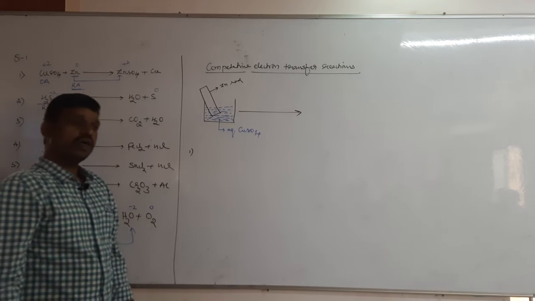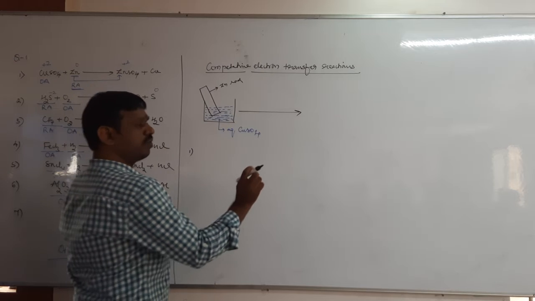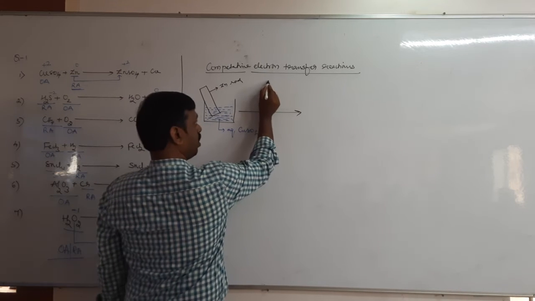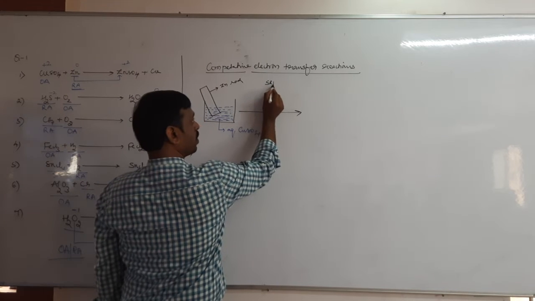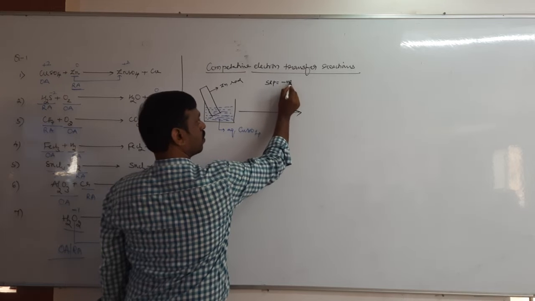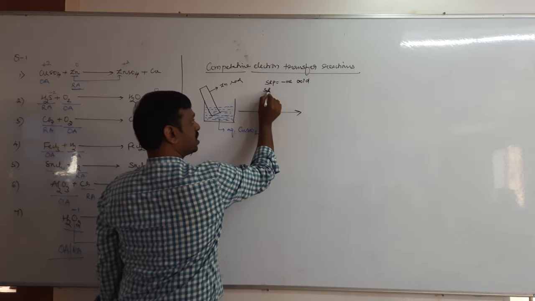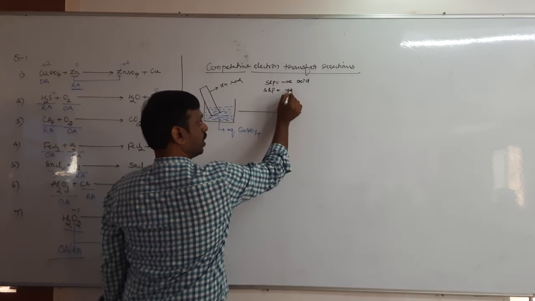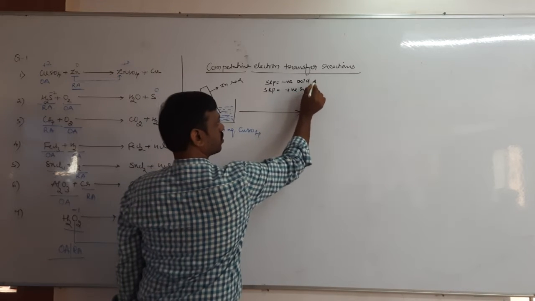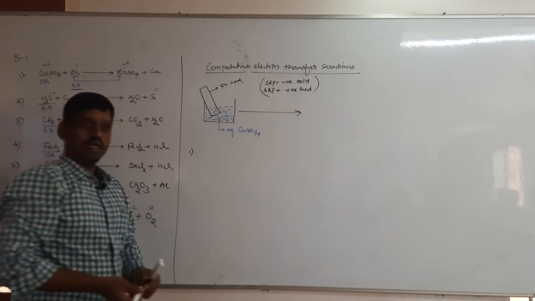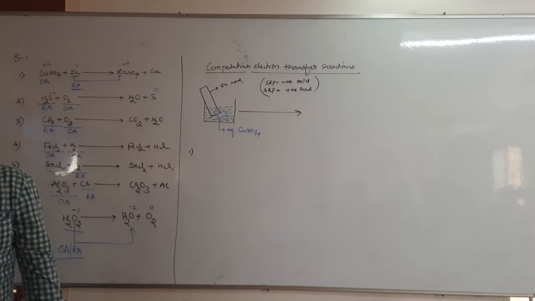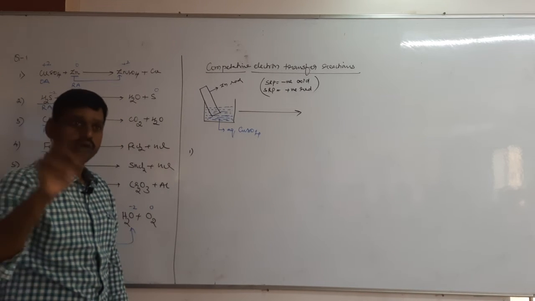Zinc undergoes oxidation. We study this concept in electrochemistry. Generally, if any metal has a negative SRP, it undergoes oxidation. If the metal has a positive SRP, it undergoes reduction.